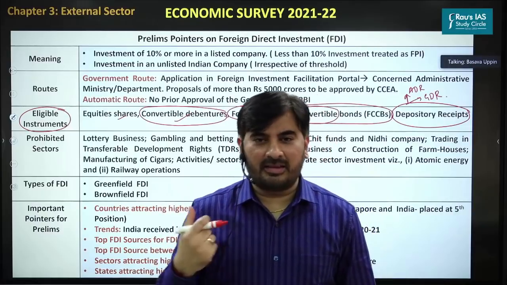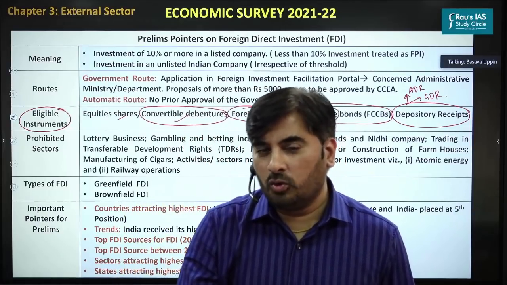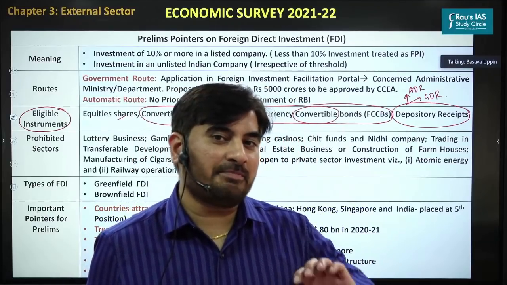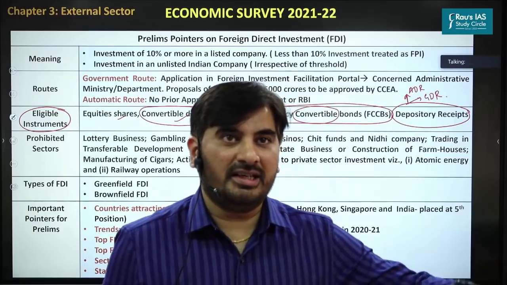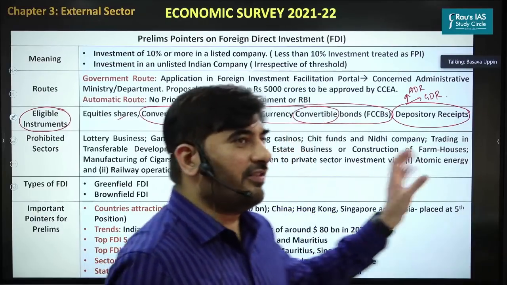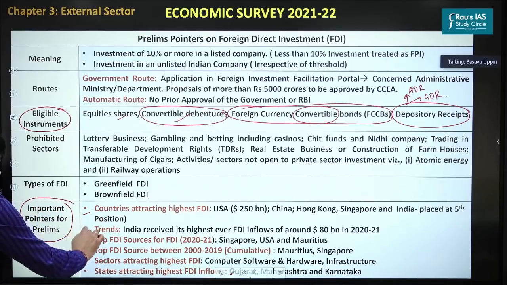Global Depository Receipts are the generic name which an Indian company can use to raise share capital anywhere across the globe. So ADR is specific only to the US, while GDR can be issued anywhere across the world. That's the basic difference. So these are the different instruments through which foreign direct investment can be raised by an Indian company. The same question was asked in Prelims 2021 as well. Are we clear?